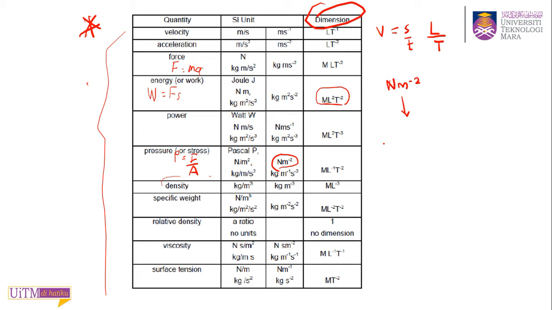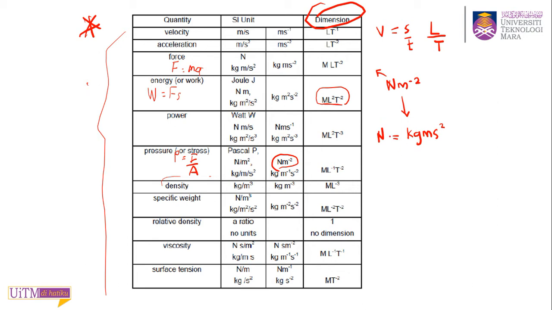We can learn together. How can you translate this in terms of MLT? Newton is kg m s squared. Newton is kg meter per second squared.